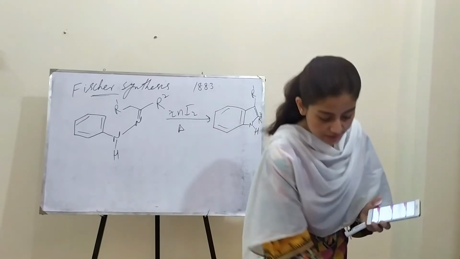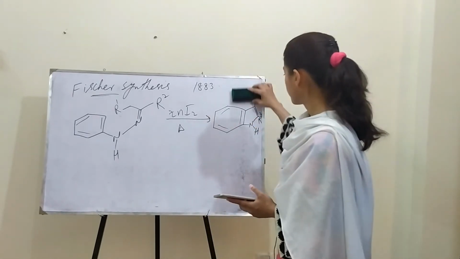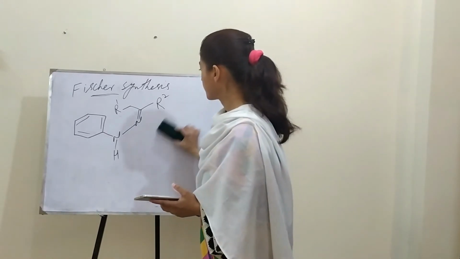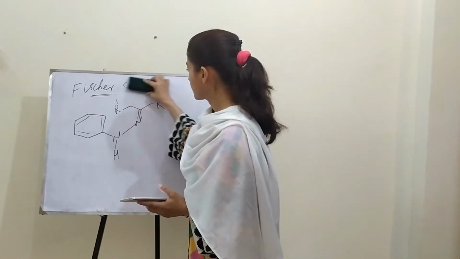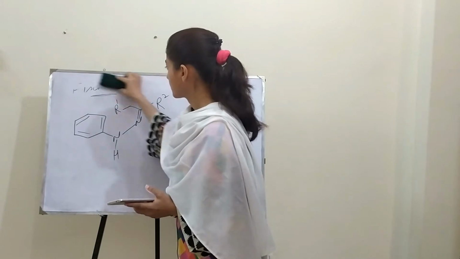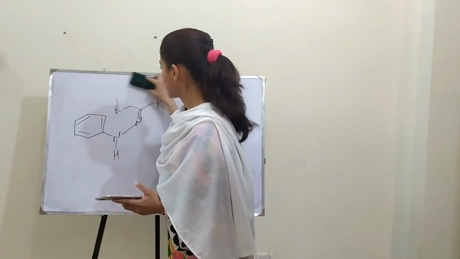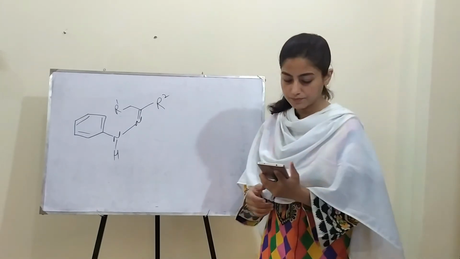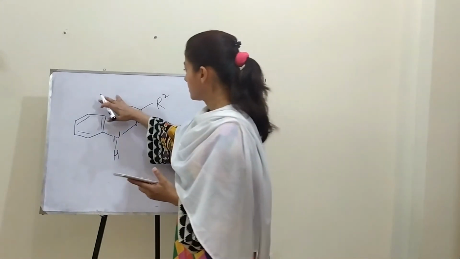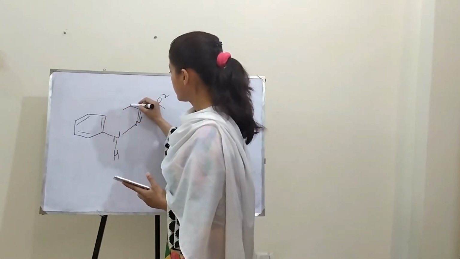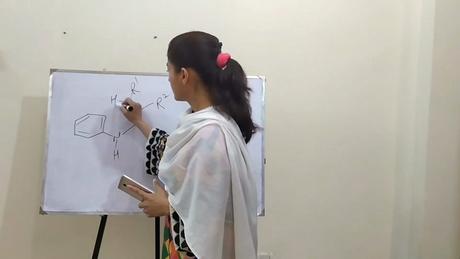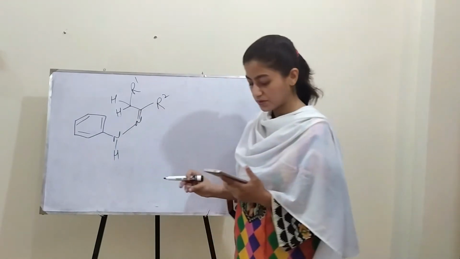Now let's see its mechanism. Here there is R1 and here there are two hydrogens.